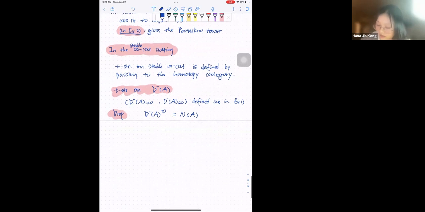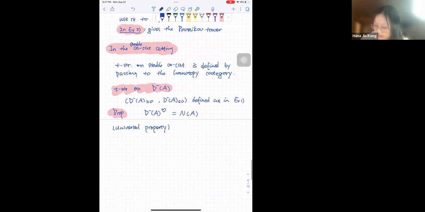Okay, and let me state two more results. One is the universal property of the derived category. You can compare this to the classical theorem which we have when we talk about derived functors.